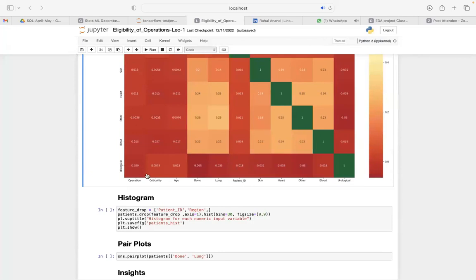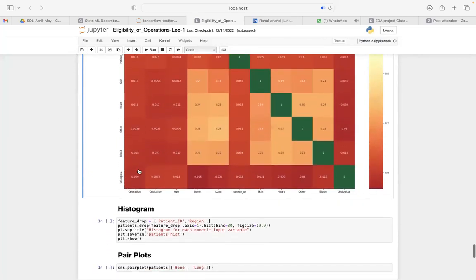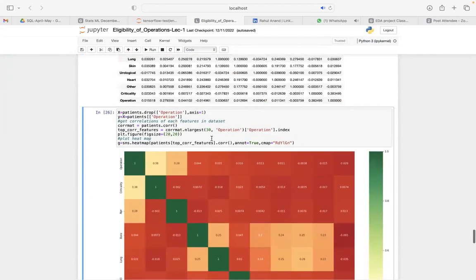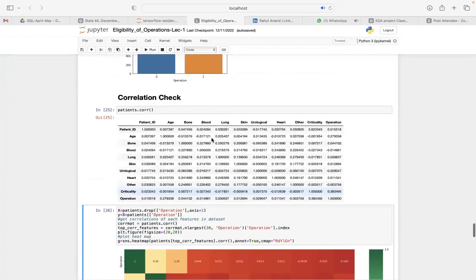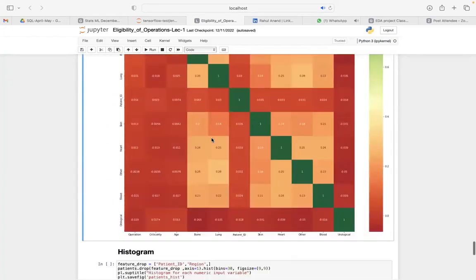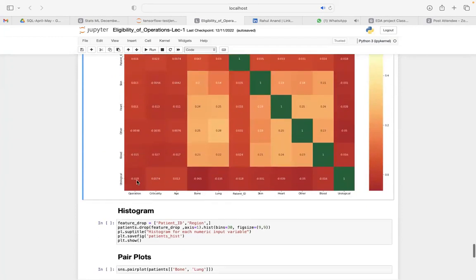The minimum that we are seeing here is minus 0.02 for neurological. So again, it says a lot about neurological as well. Remember, we have replaced the outliers in the neurological data with the median, and it is still not giving us good correlation. That means instead of replacing those values, we can do a sanity check again.